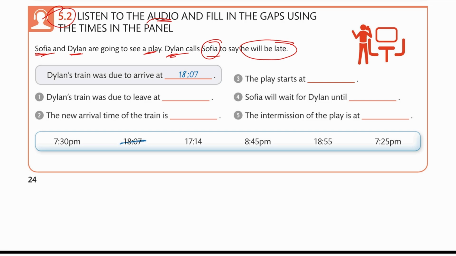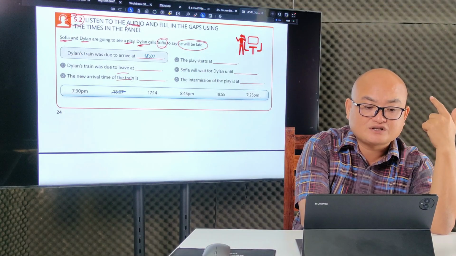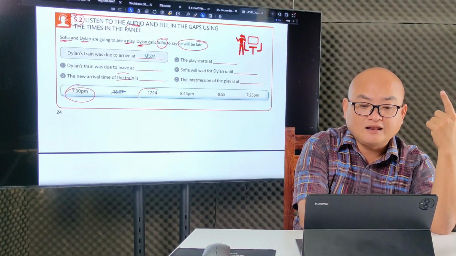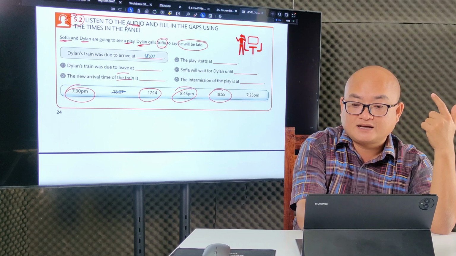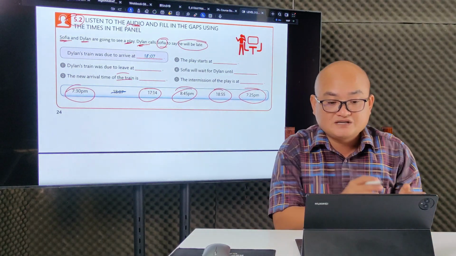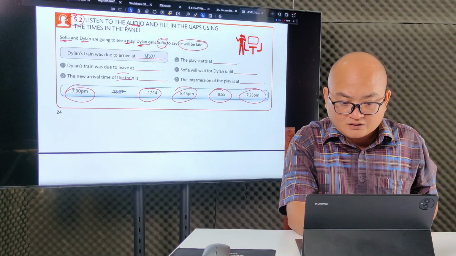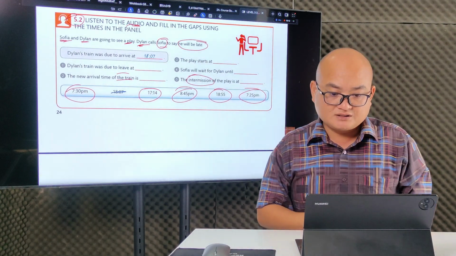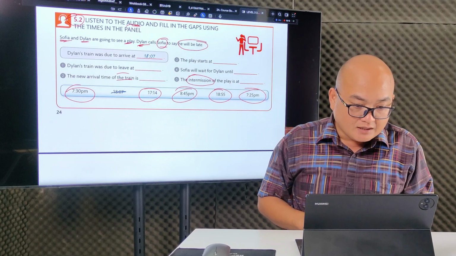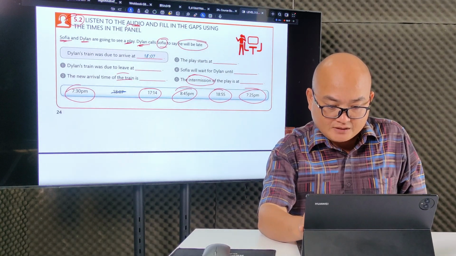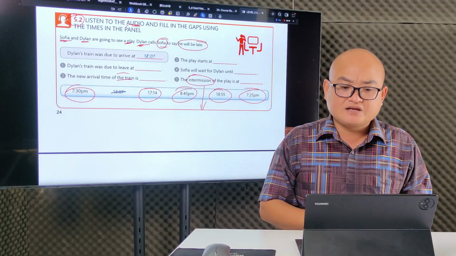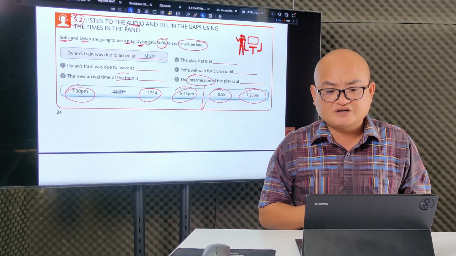So you listen to the audio. They're going to talk about the public transportation, and mostly they're going to talk a lot about the time that they're going to meet, that they're going to miss, that they're going to be late. And there's one word that I want to give you the meaning of: intermission of the play.